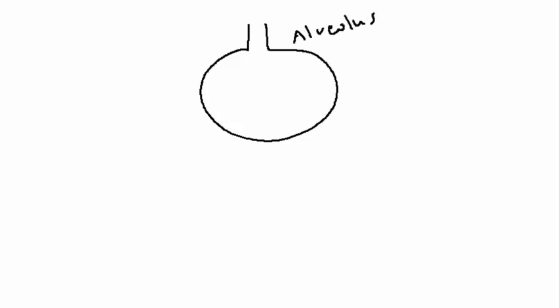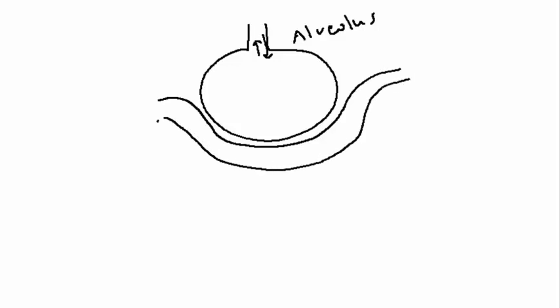And we have gas exchange, air coming in and out of the alveolus. And I'm going to draw a pulmonary capillary in here. We have blood flow coming in and going out of this pulmonary capillary.